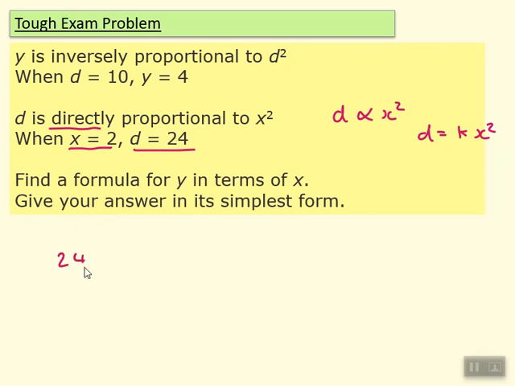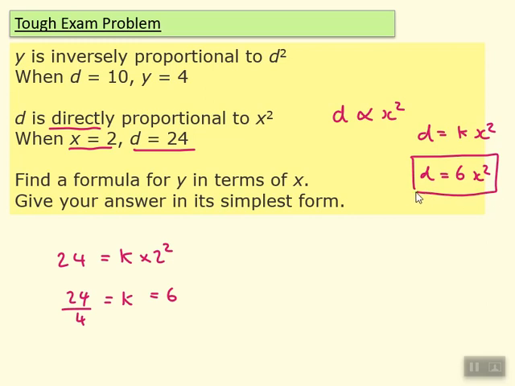So 24 is equal to something times 2 squared. Okay, so 2 squared is 4, isn't it? So 24 divided by 4 is going to tell us what K is. So K is 6. So D is equal to 6x squared. Okay, so that is the connection between D and X.